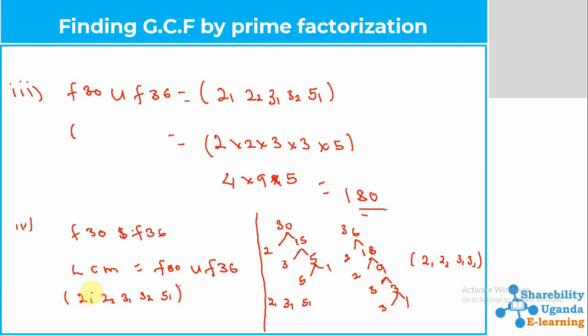So you can find that using prime factors we have been able to come up with the number they showed us in the figure here. Using the same method of getting the LCM, we shall be able to come up with 180, using the same approach. This is our answer, and this one is also our answer.